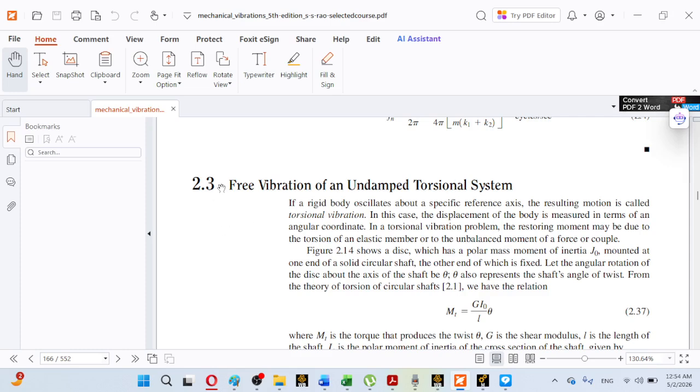So what I recommend to the students is that the current lab session is not a new lab session, but students will treat it as part B for the previous lab session for article 2.3, free vibration.